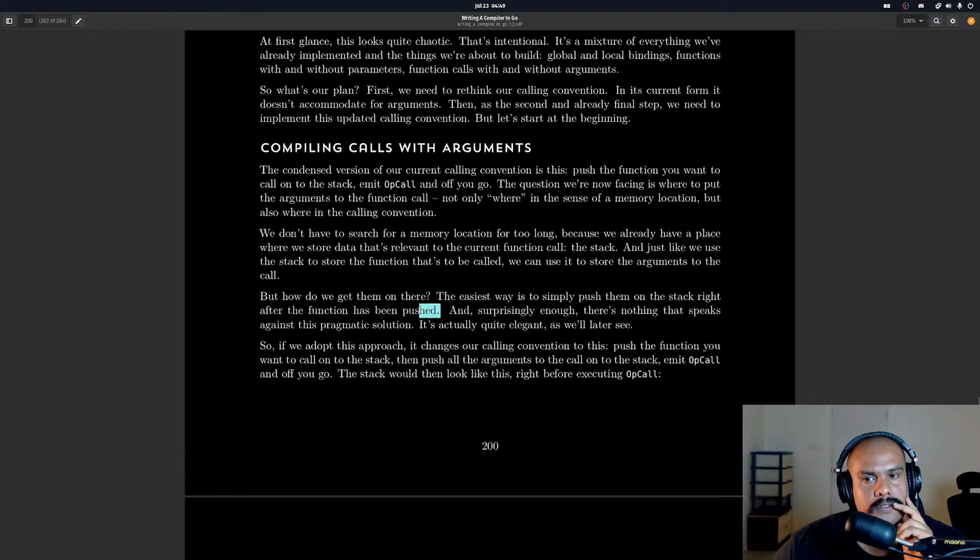Oh yeah, because the others have an index. Yeah, it has to be after, because all the local bindings have an index.